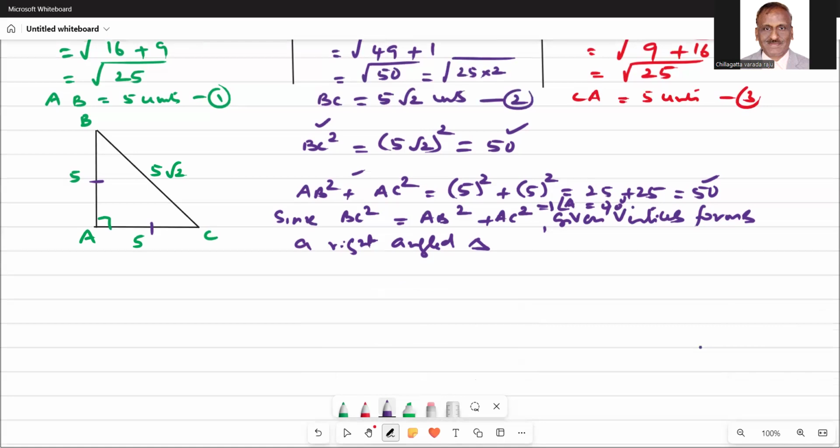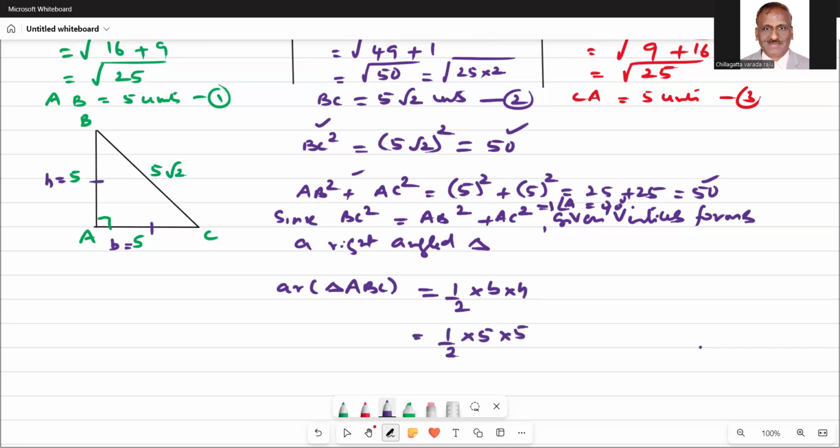And the next part of the question is asking, find the area of the triangle. So you can say area of triangle ABC. Because it is a right angle triangle, other than the hypotenuse, one will become the base and the other will become the altitude. So half into base into height, which is equal to half into, what is base? 5 units.